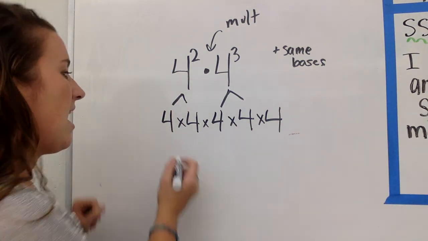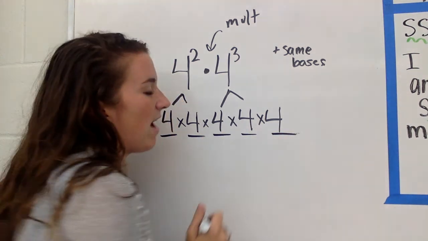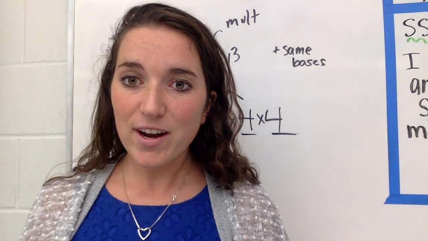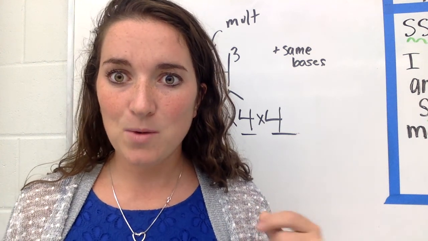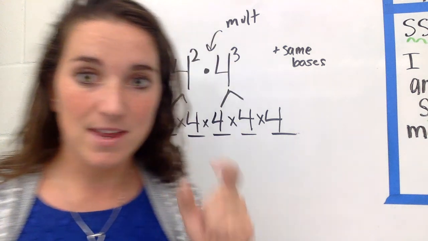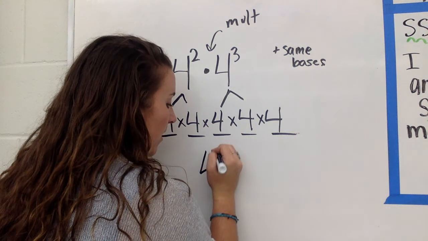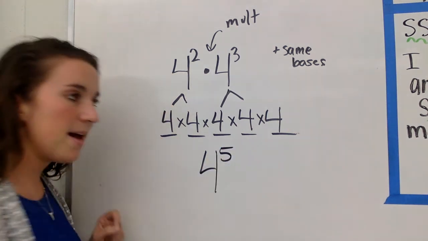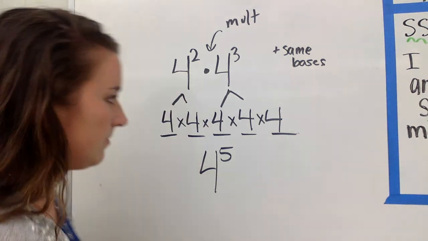I see we have 1, 2, 3, 4, 5 4s. So how can I write this as an exponential expression, a number with an exponent? You're right. So we can do 4 five times, which is the same thing as 4 to the 5th.